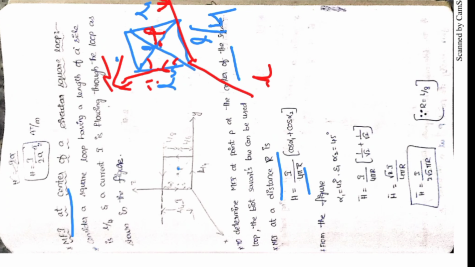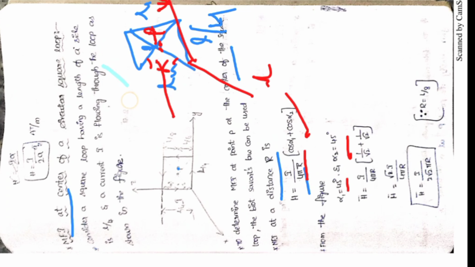To determine magnetic field intensity at the center of the square loop at a distance r, we know the formula: H equal to I by 4 pi r into cos alpha 1 plus cos alpha 2. From the figure, alpha 1 and alpha 2 equal 45 degrees, because point P is located at the center; this angle is 45 and this angle is also 45.